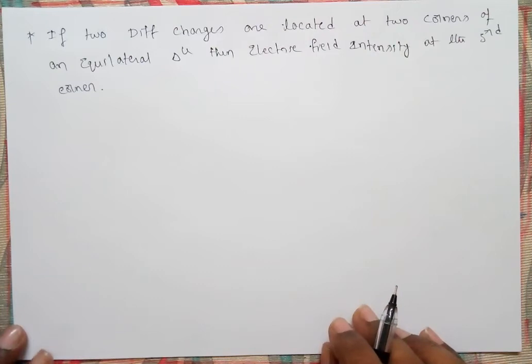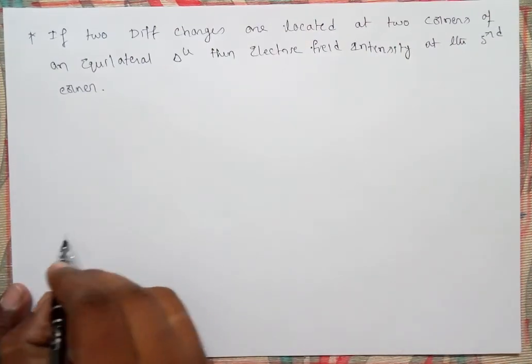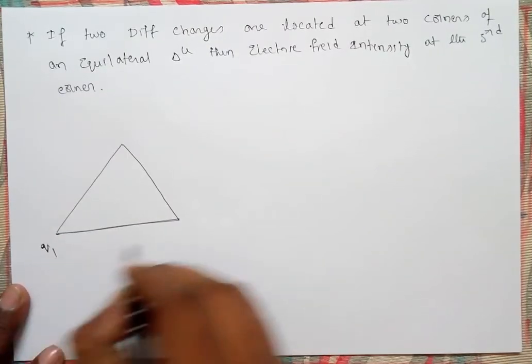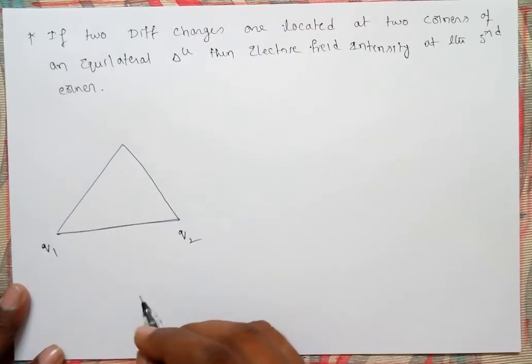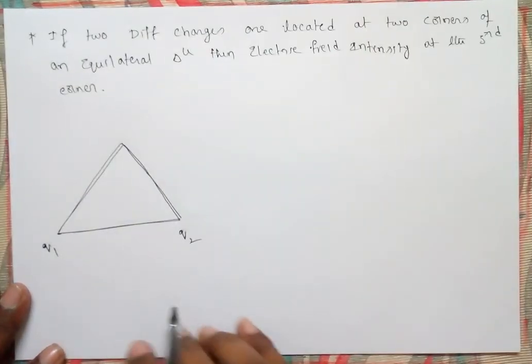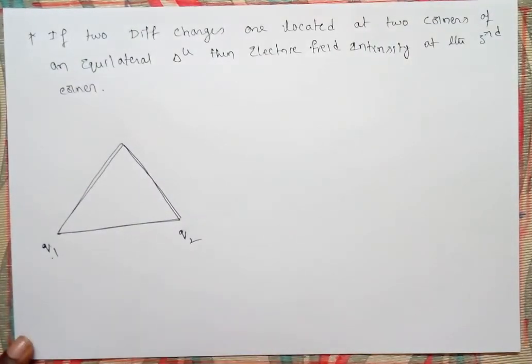Now I am going to take that here one is Q1, another one is Q2. I am taking different charges like this, Q1 and Q2. What is the electric field intensity at this point?